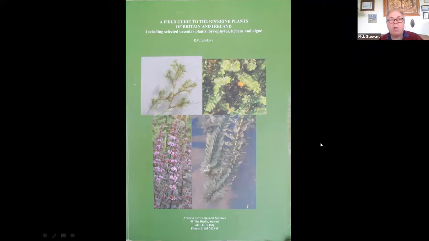But on the whole, pondweeds are not well covered by the Collins and other colour guides. They're better than they used to be, because in the past pondweeds were hardly covered at all. But I would recommend those books particularly.